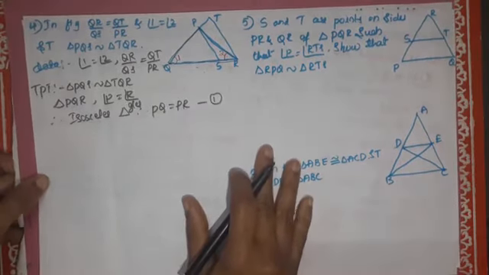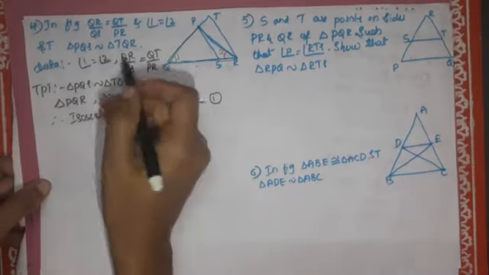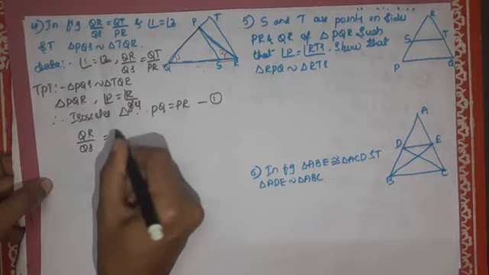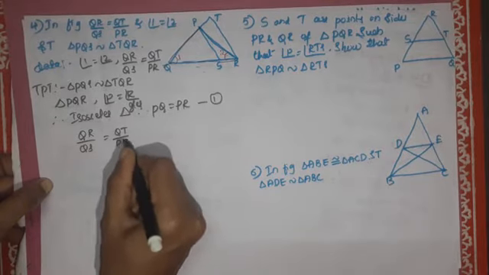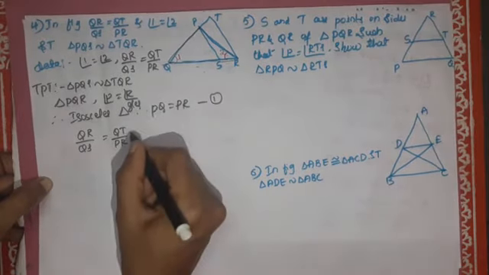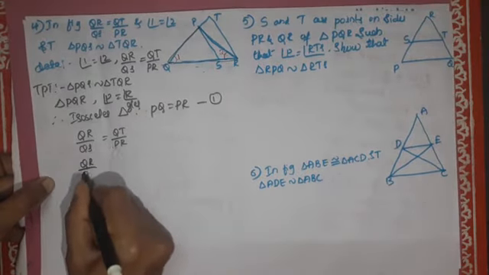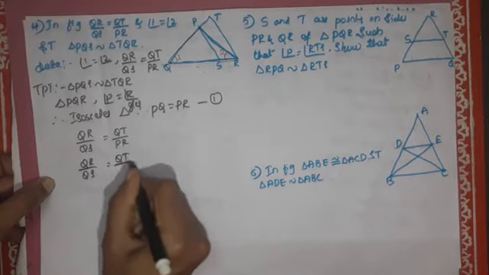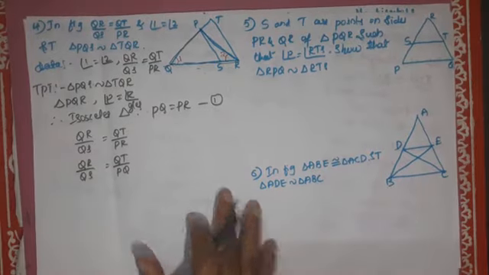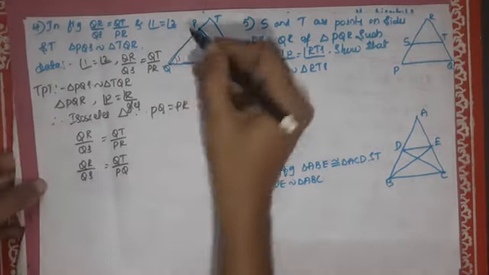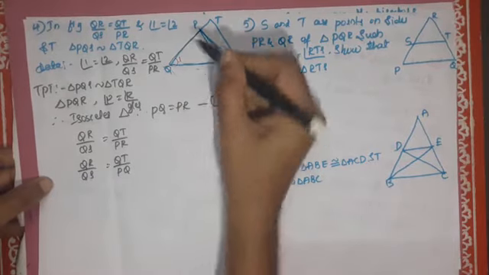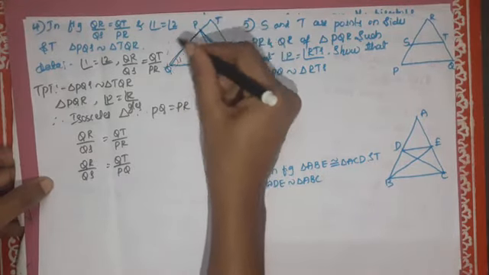Then here they have given QR by QS equals QT by PR. In the place of PR I use PQ. So that is QR by QS equals QT by PQ.